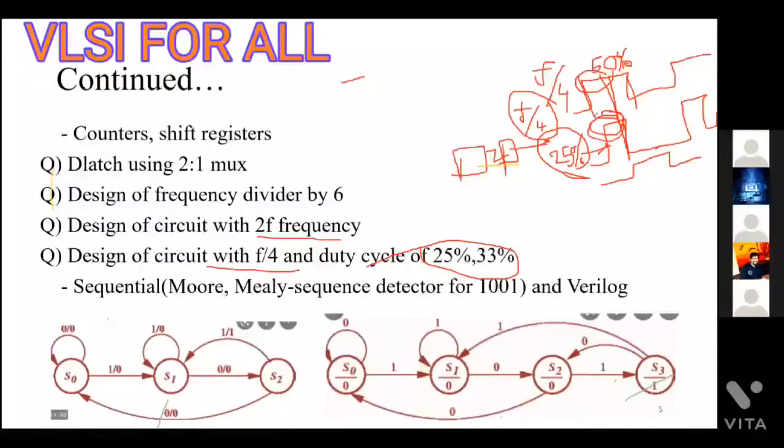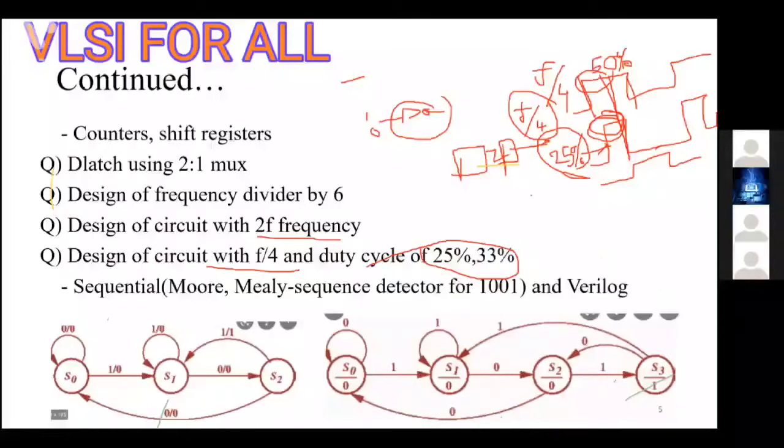But the problem here is that using combinational circuits for the delay, the combinational circuit can have variable delay depending on the input. If it is 1, the delay will be something different, and if it is 0, the delay will be something different. The delays will be close, but not very close.